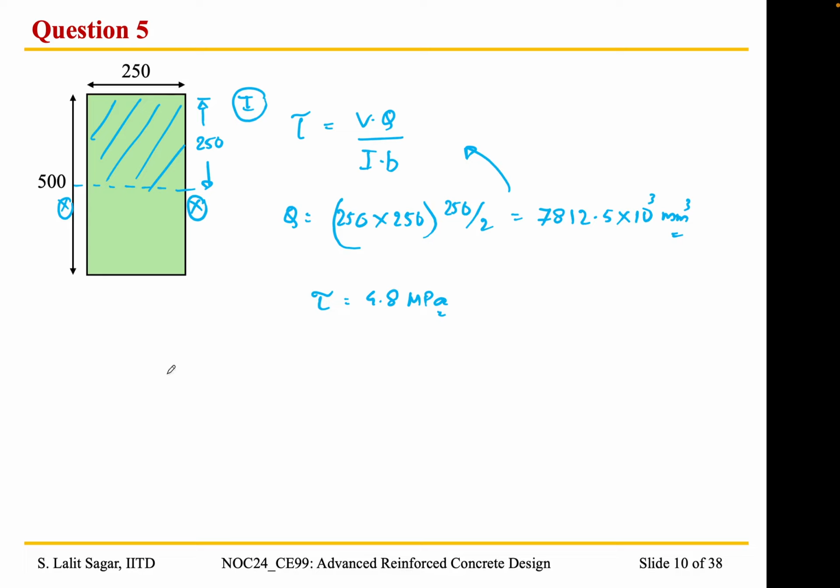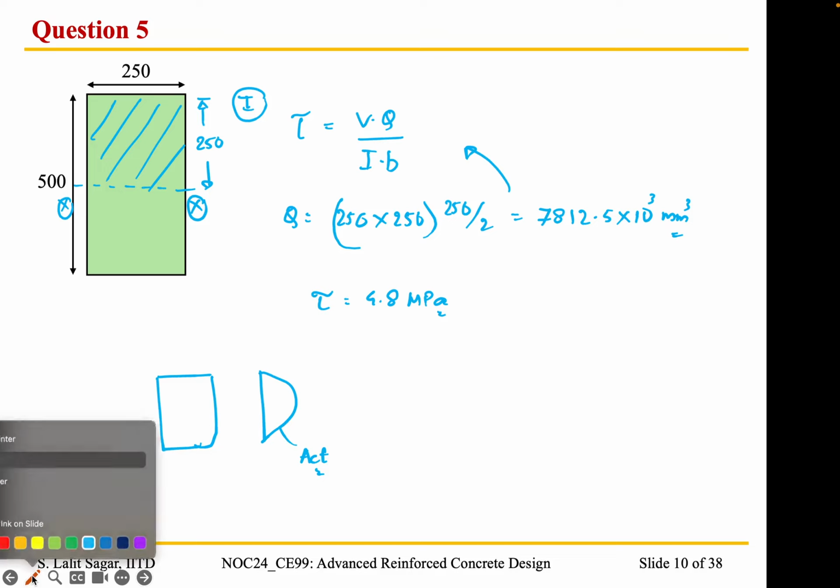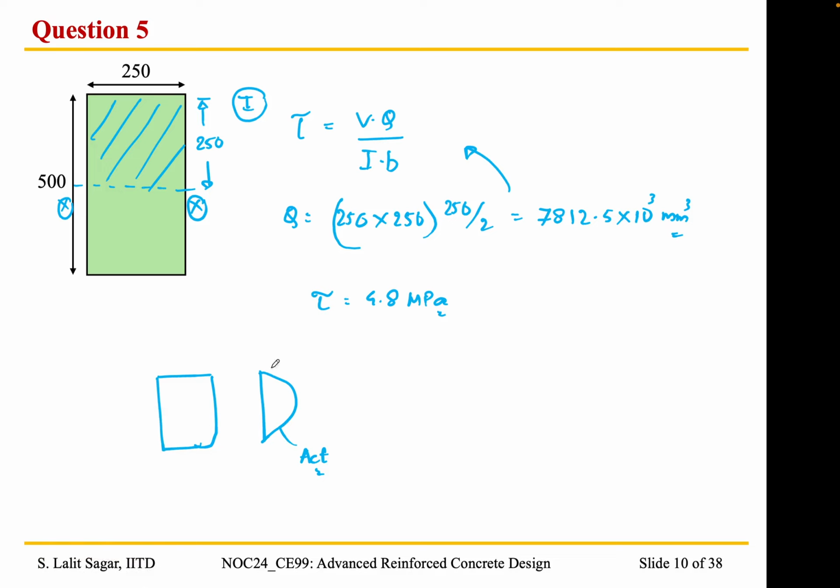There is another way also to solve this problem. If we take this as the cross section, it follows a parabolic distribution. So this would be the actual distribution, but we consider an average value. Instead of considering the parabolic distribution, for ease we take this average stress.